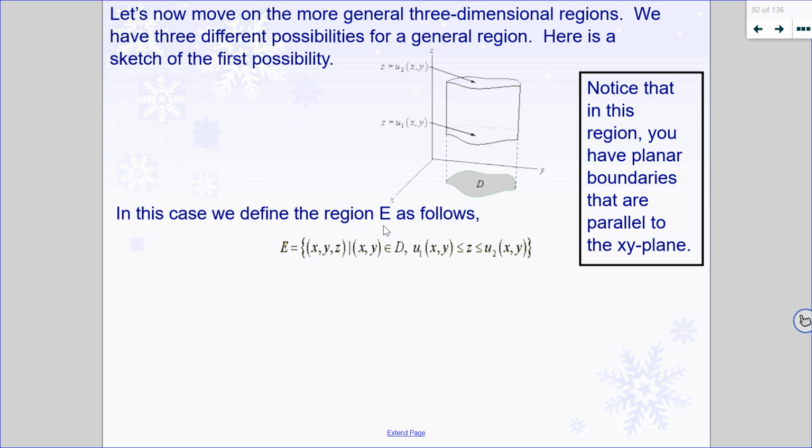Since our planar boundaries are parallel to the xy plane, what we would want to do is integrate with respect to z first. So we'll do dz on the inside. That'll be our furthest inside. Then going outside, you can do dx or dy second or first, depending on what the resulting region looks like. That resulting region is region D on the xy plane.